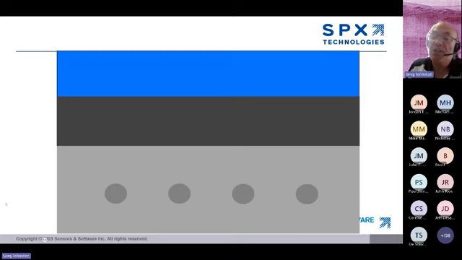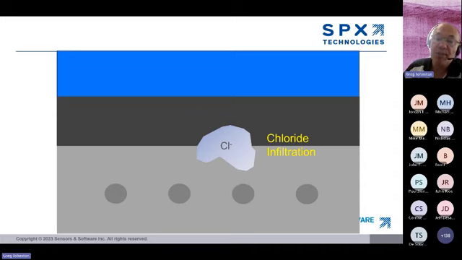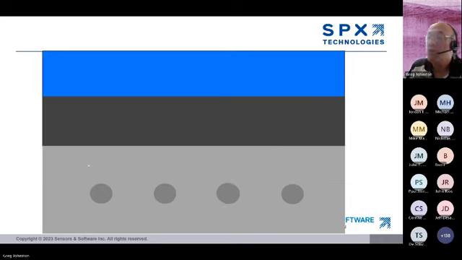Say there's delamination between the asphalt layers and the concrete deck. Or there's chloride infiltration into the bridge deck, often caused by dumping salt on roads to prevent ice and snow buildup in the winter to make driving safer. Or the rebar is corroded.